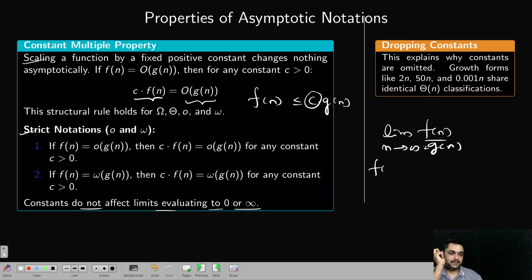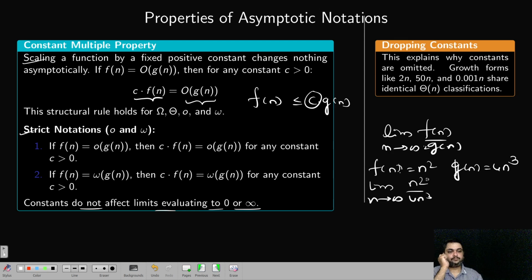For example, if f of n is equal to n square and g of n is equal to say 4n cube, then the limit as n approaches infinity of n square divided by 4n cube: this cancels, and it will be 1 by 4n. Whatever the constant value may be, it is not affected. As n goes to infinity, it becomes 0. The limits are not affected by the constant you multiply.